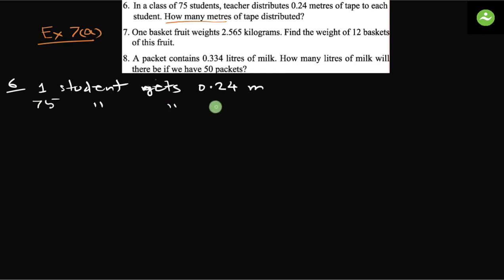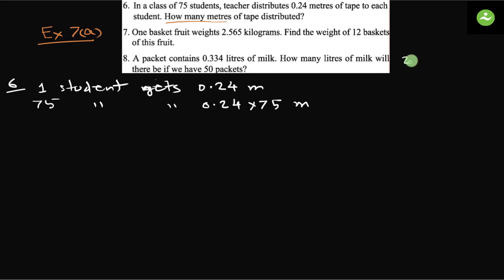We will multiply by 75. 0.24 into 75, the unit is meter. Now we already did the multiplication of a decimal fraction and a 2-digit integer. We know how to do it. We just have to do the vertical method.